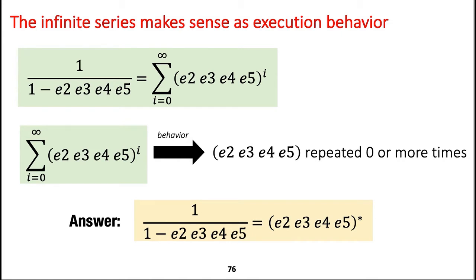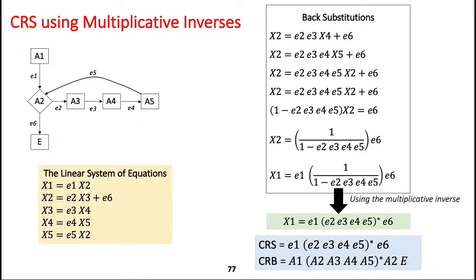We will denote repeated 0 or more times by star. So this is what we can do. We have x1 is equal to e1 times 1 divided by 1 minus the expression with successor elements e2, e3, e4, e5. So we write that as e2, e3, e4, e5 star followed by e6.